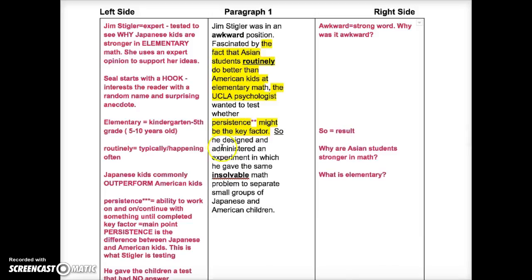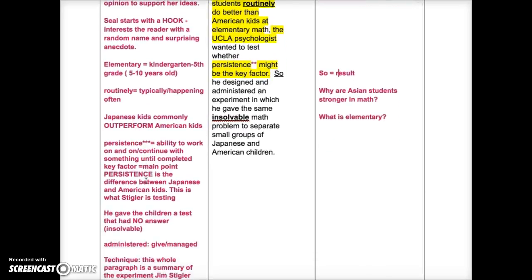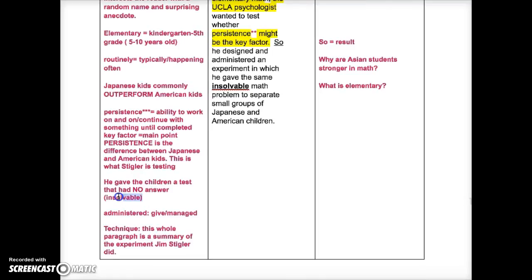Okay, so anywho, so he designed and administered an experiment in which he gave the same insolvable math problem to separate small groups of Japanese and American children. So here I summarize, he gave the children a test that had no answer. That's what insolvable means, no answer.